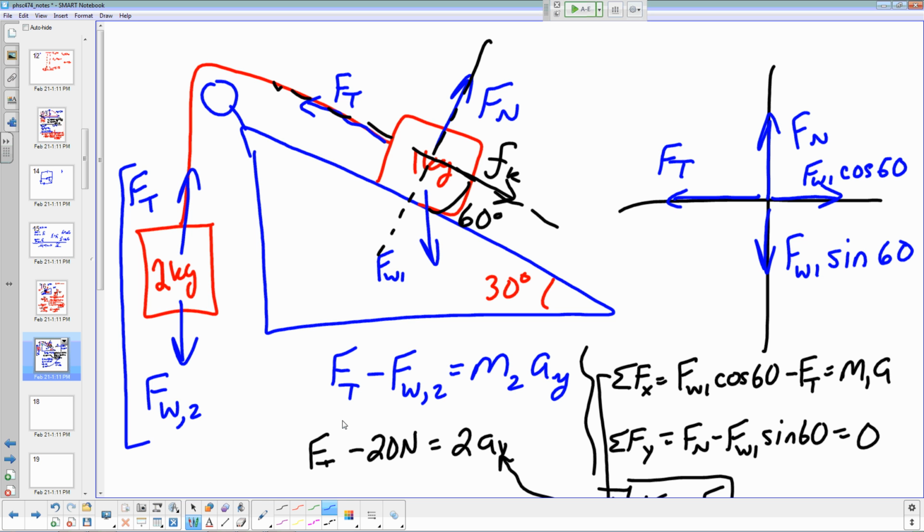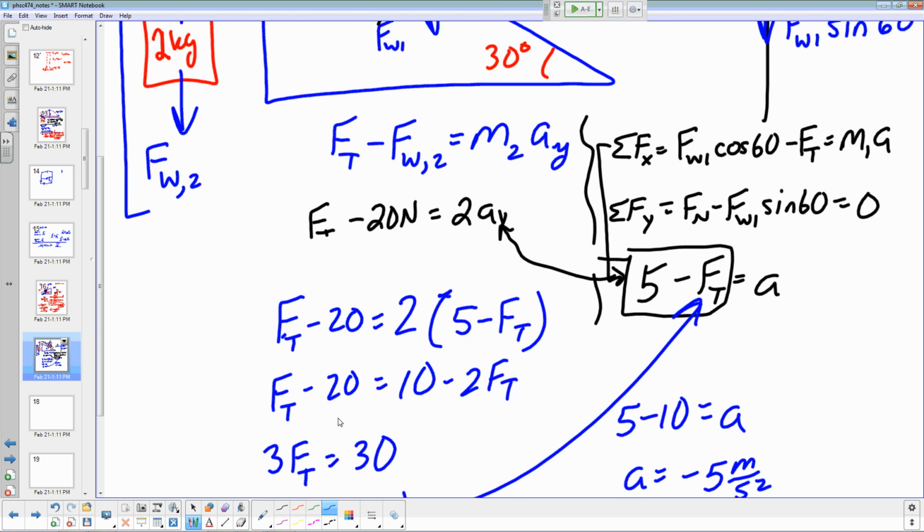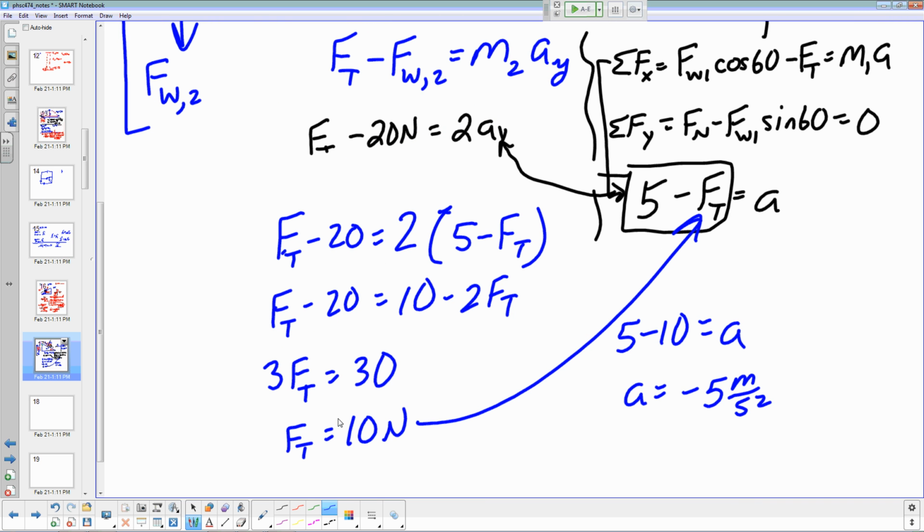So it's negative in both cases, as it should be, because it should be the same. All right? A lot of things to deal with, but it's really dealing with vectors, x and y components, and then applying Newton's second law. Newton's second law is just the sum of the forces equals the mass times the acceleration. As you see, it becomes quite complicated.